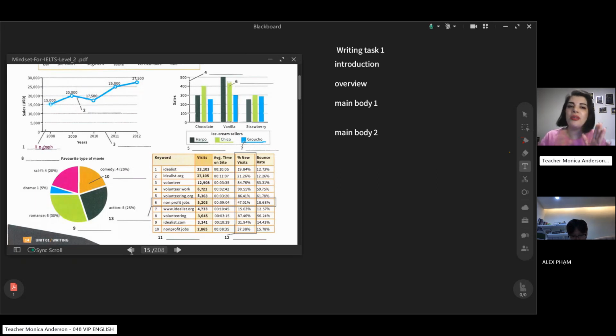There might be one visual, that is one graph, or more than one, for example one chart and one diagram. So a combination of both, or maybe three, two or three that you need to compare. As I told you, the overview should summarize the main trends, the main changes, developments.